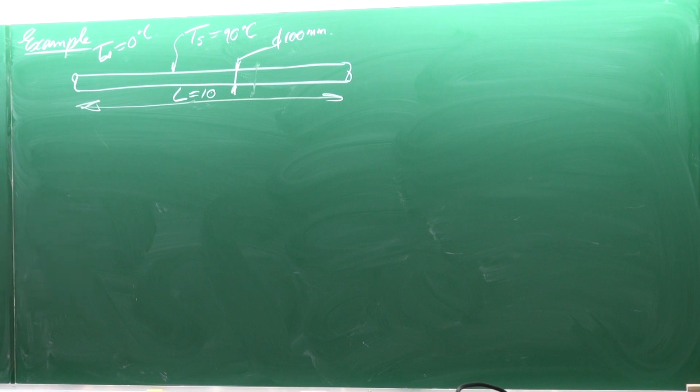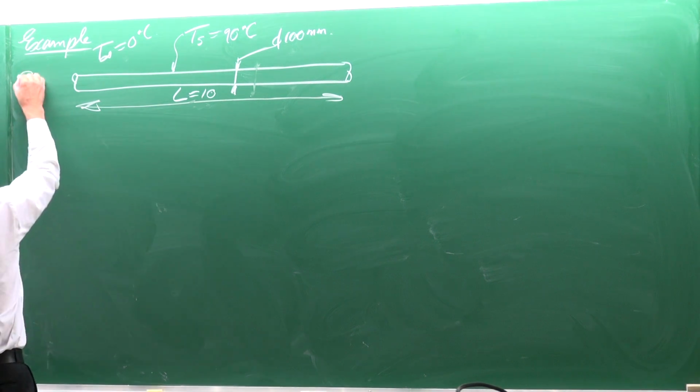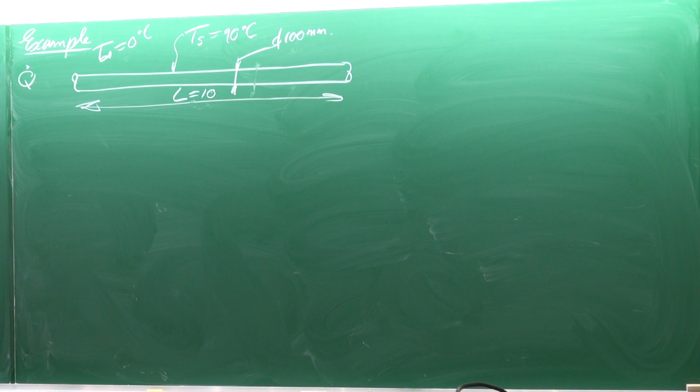And the question is, determine the heat transfer rate from this cylinder. So the outer surface temperature is 90, the environment temperature is 0, the diameter is 100 millimeters, and it's 10 meters in length. Determine the heat transfer rate.